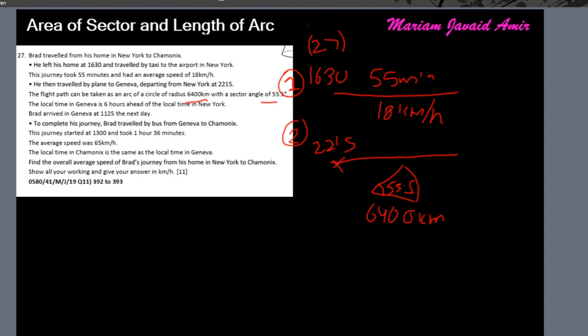So New York time plus 6 hours should give us Geneva time. This is another set of information given to us. Let me reread that. Yes. So Brad arrives in Geneva at 11:25 the next day. So this is Geneva time probably.